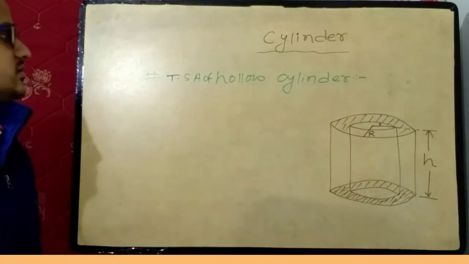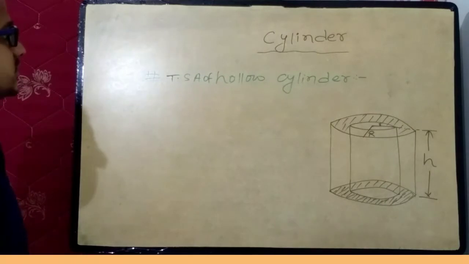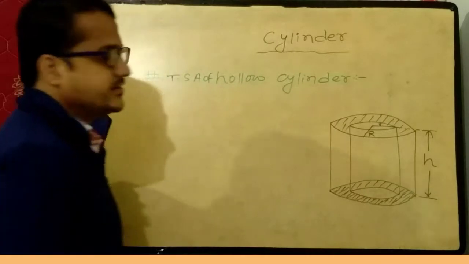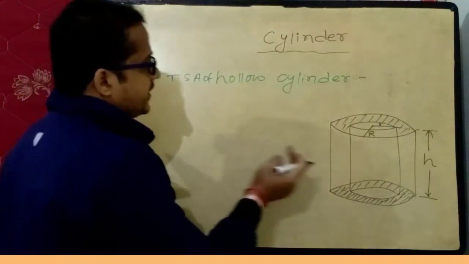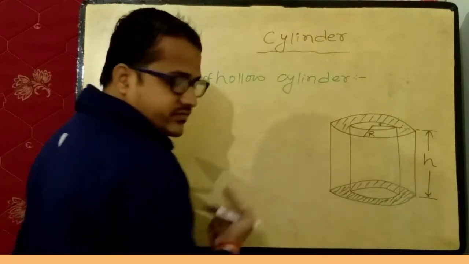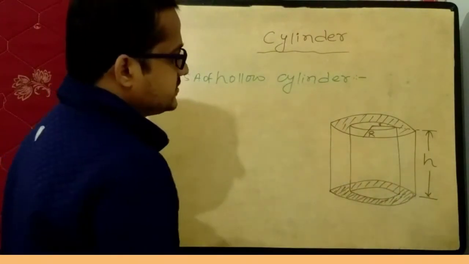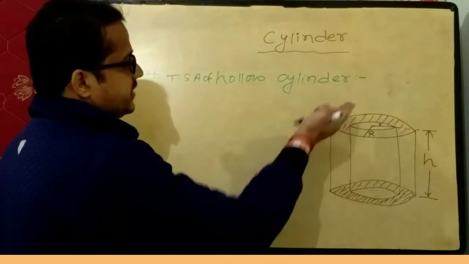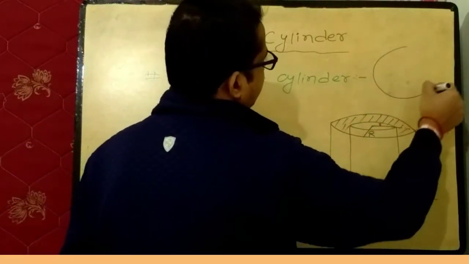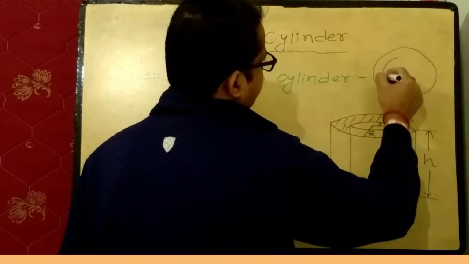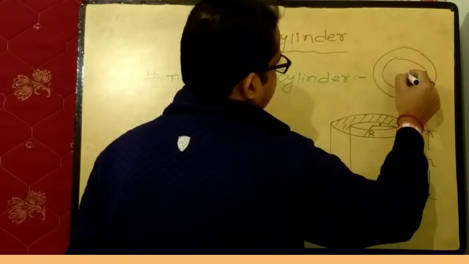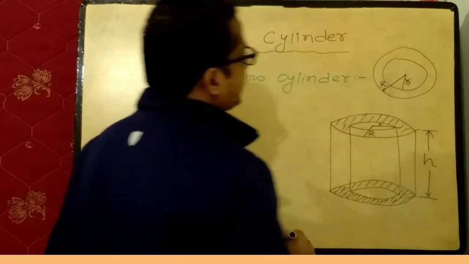Next topic is total surface area of a hollow cylinder. If I observe this cylinder carefully, there are a total of 4 surfaces: outer curved surface, inner curved surface, bottom surface and top surface. Bottom surface and top surface both are symmetrical, and each is in the form of a ring. This is the smaller radius and this is the capital radius.